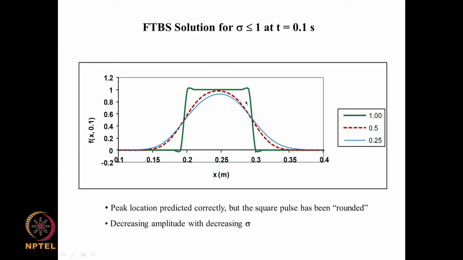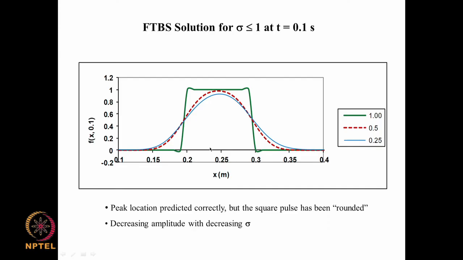There are these small curves here which are more software glitches, because it is trying to fit some smooth line through this. Otherwise the solution that we see in green has a pulse with a maximum of 1 here, and it spreads between 0.2 to 0.3 at the end of 0.1 seconds.